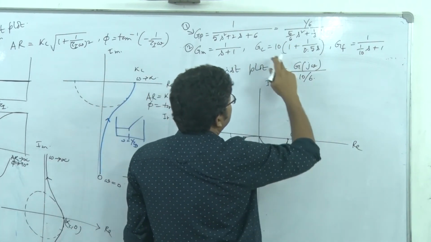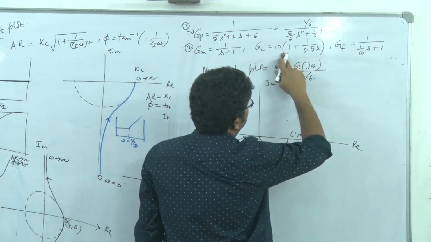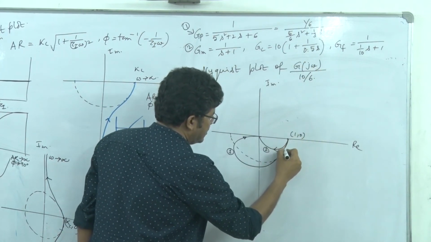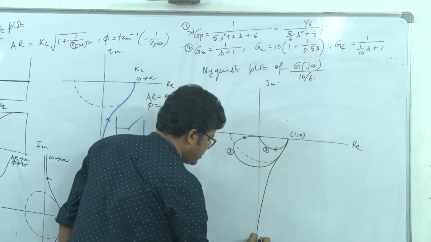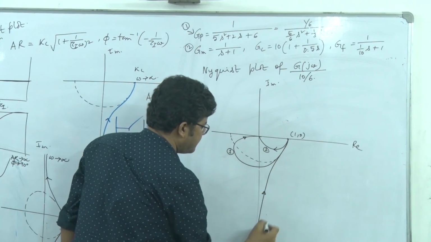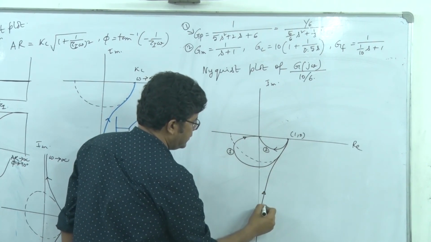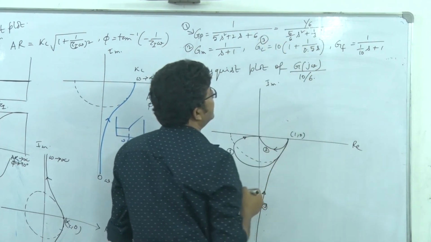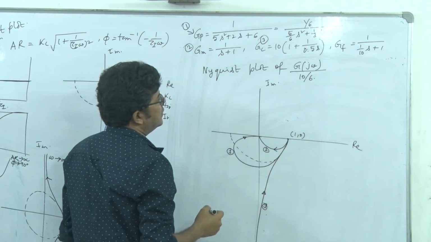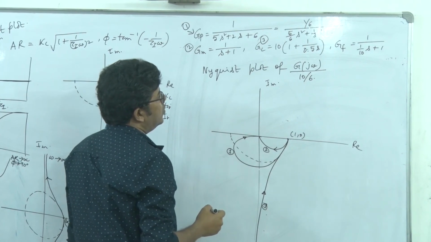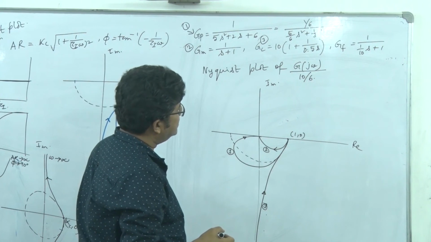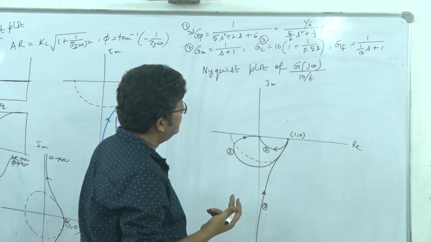Next, PI controller. Here this one is 3. And additionally another first order system with much higher tau p, right?